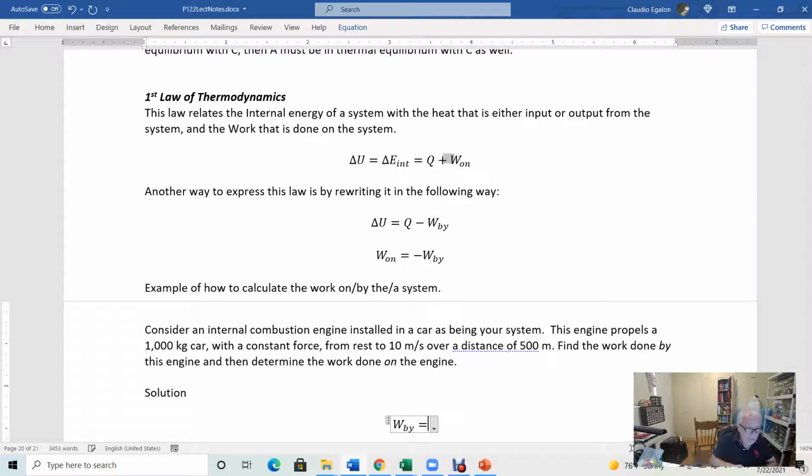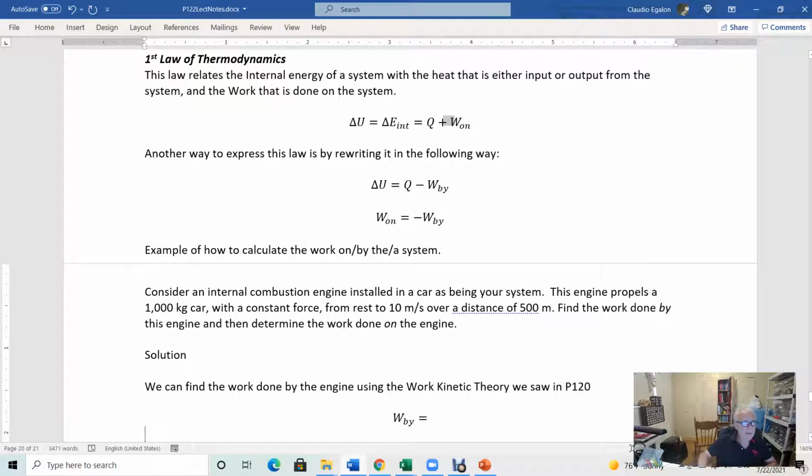The work done by the engine, we can find using the work kinetic energy theorem we saw in P120. Remember that theorem is the difference in kinetic energy.